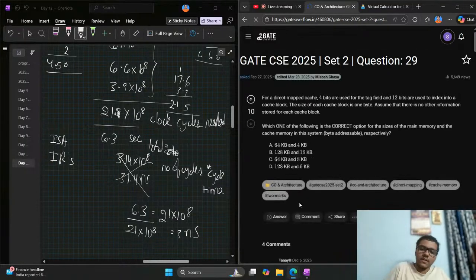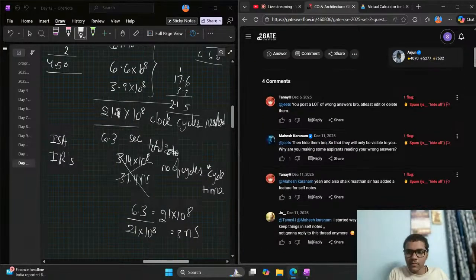For a direct mapped cache, 4 bits are used as tag field. We need to look at this one.